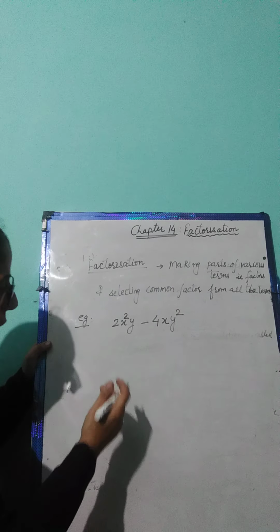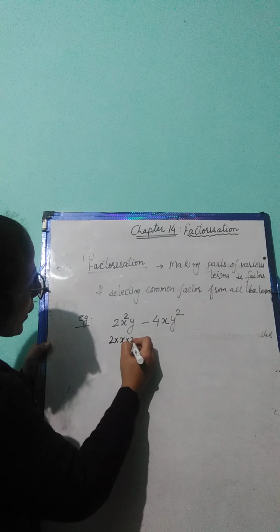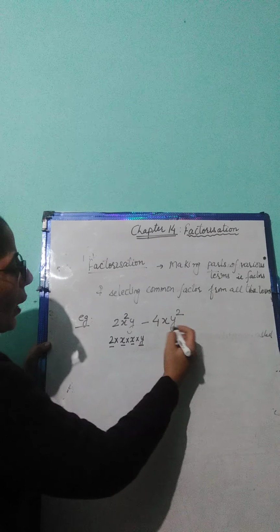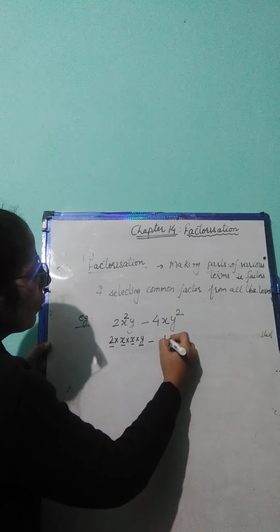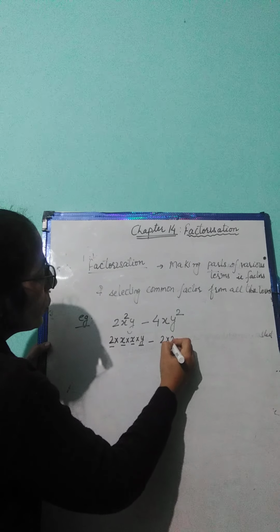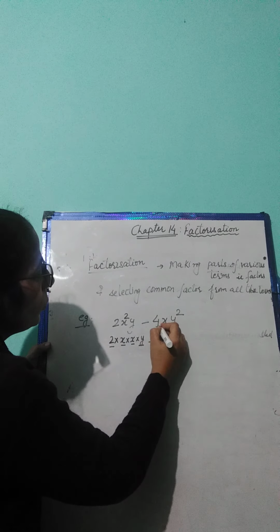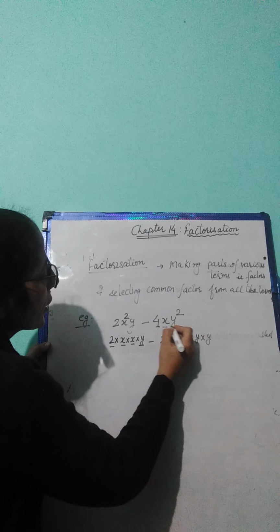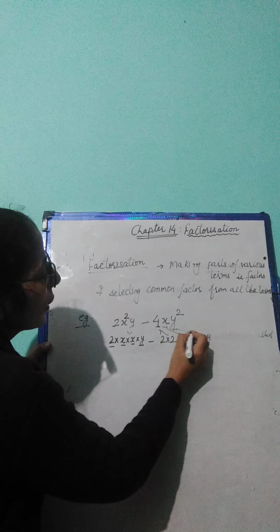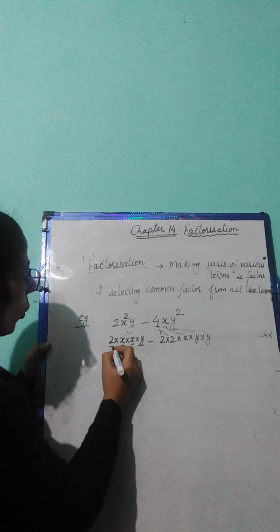I can write it as 2 x x y. I have made it into parts. 4 can be written as 2 into 2, then x, then y, then y.